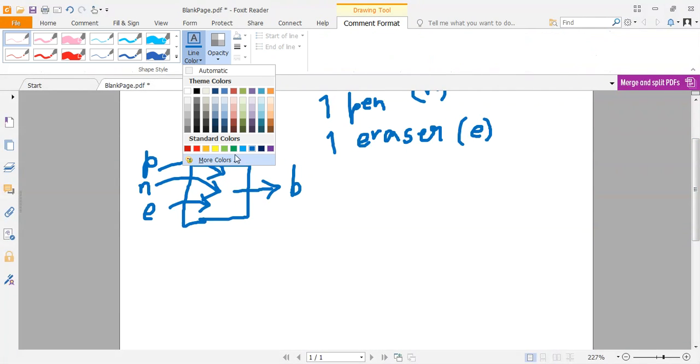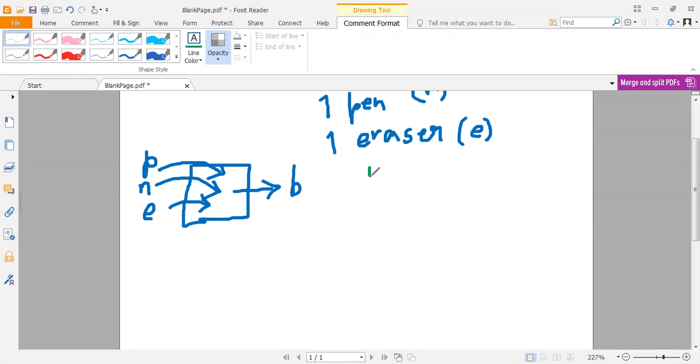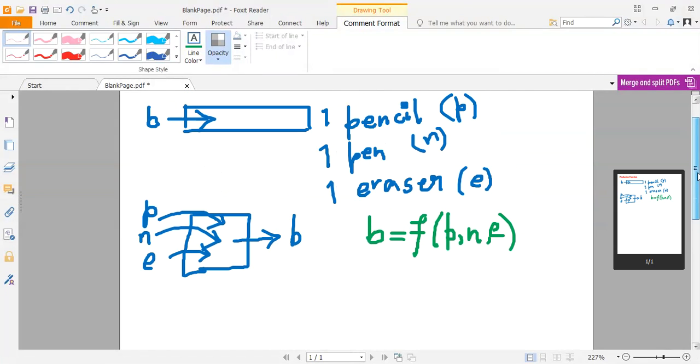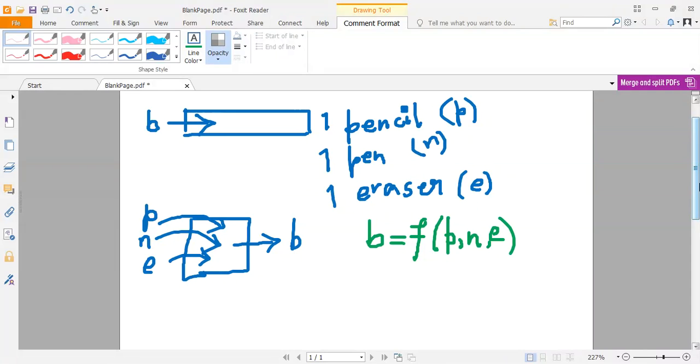So what will this production function look like? Let's say it pops out the values of B, because I'm producing pencil boxes. This will be a function of the number of pencils, the number of pens, and the number of erasers that I have. Now let's look at the functional form.